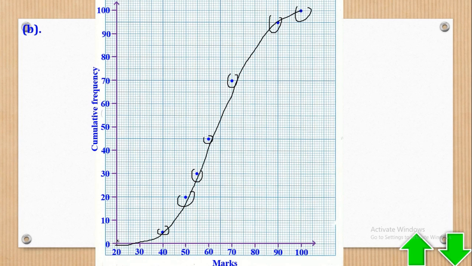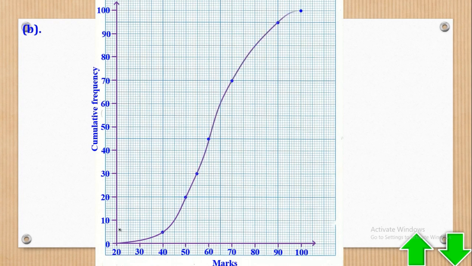So let's do that. It has to be as smooth as possible, and what you should remember is that it shouldn't be left hanging. The line from here has to be elongated backwards to reach the lower class boundary of the first class.